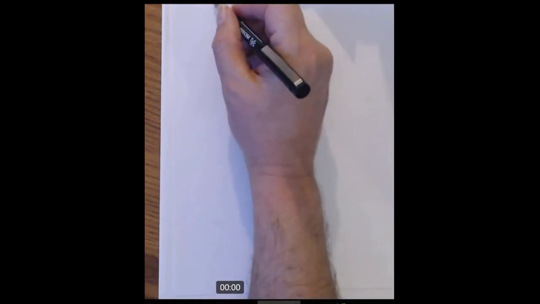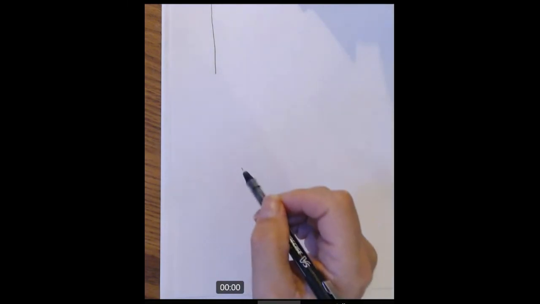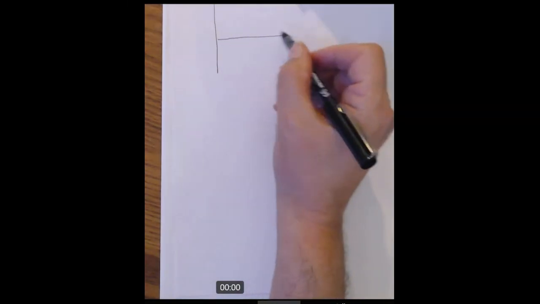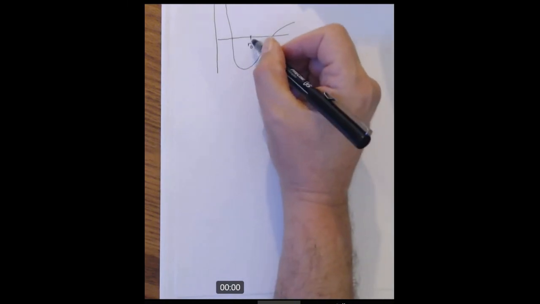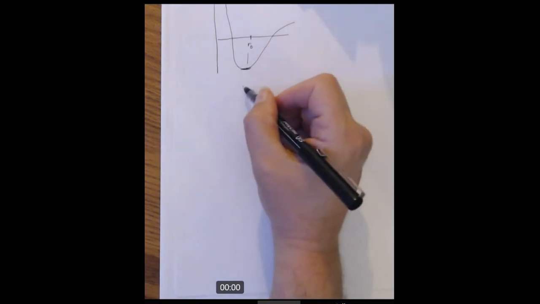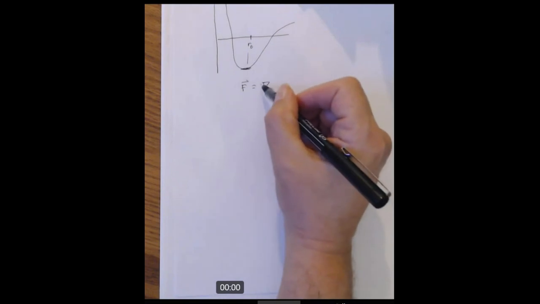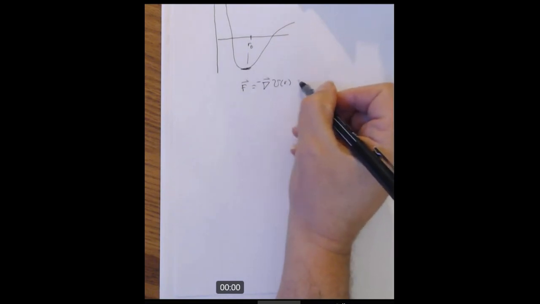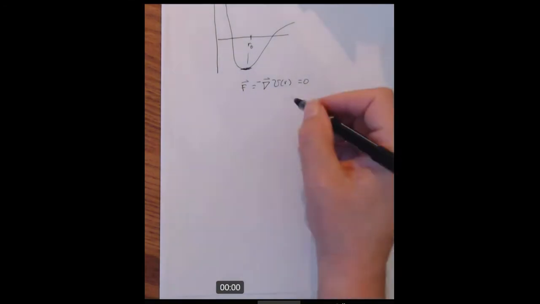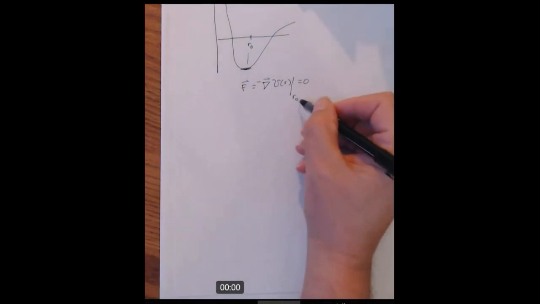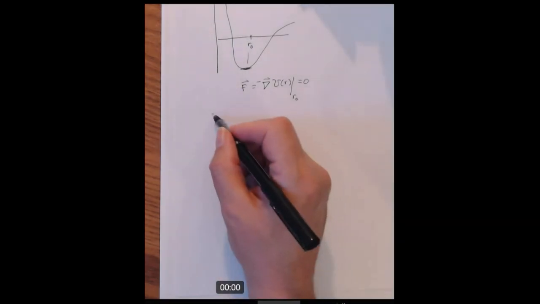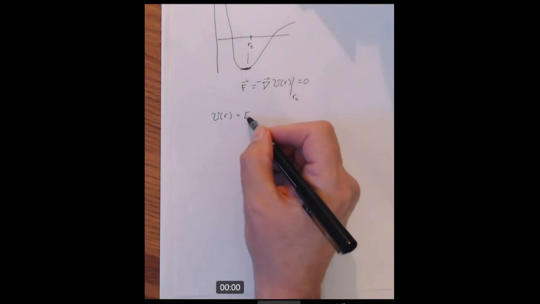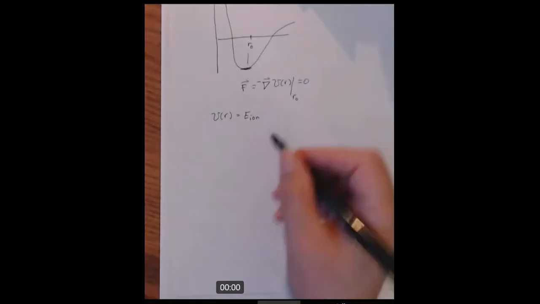We can use the fact that if this is our potential, at the equilibrium point, the force, which is the negative gradient of the potential, is 0 at the equilibrium point. So if we look at our potential, we have just a constant energy it costs us to make our ions.